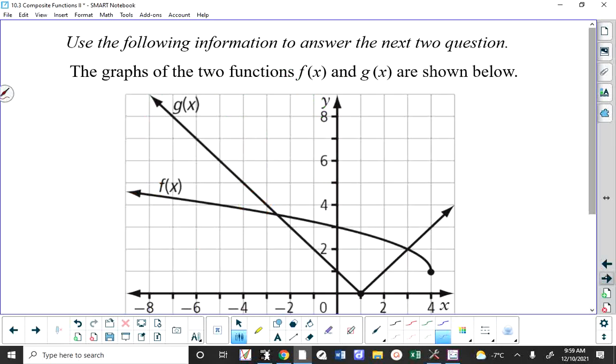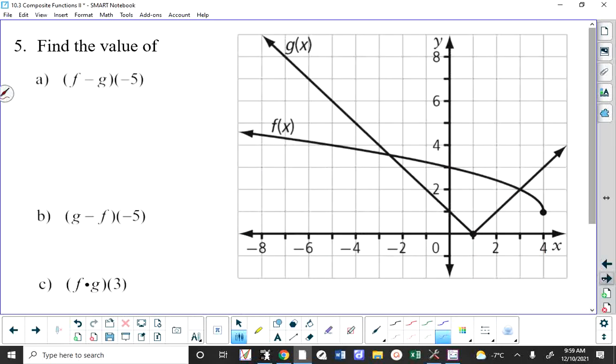Okay, so now we're going to be dealing with a graph. We have some functions here that are given graphically. What is f minus g of negative 5? Well, that means f of negative 5 minus g of negative 5. How do we find f of negative 5? We go over here to negative 5, and we look at the y coordinate on f.